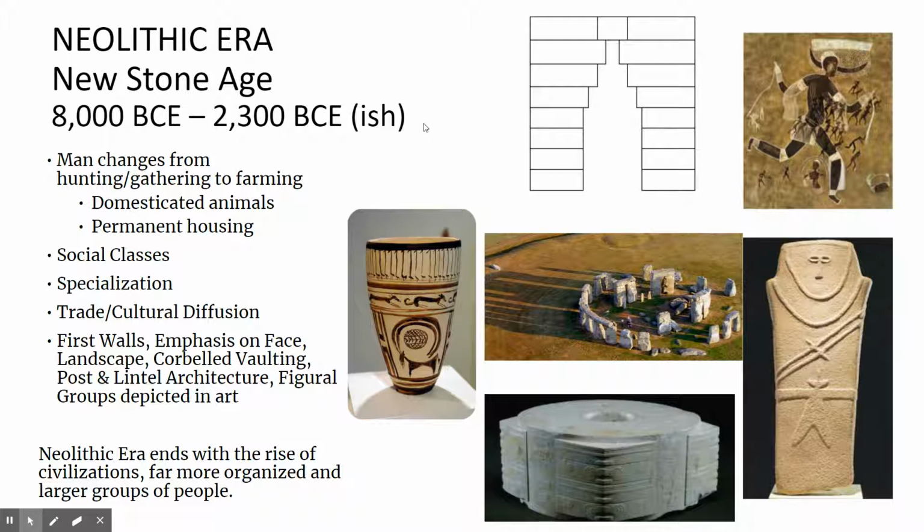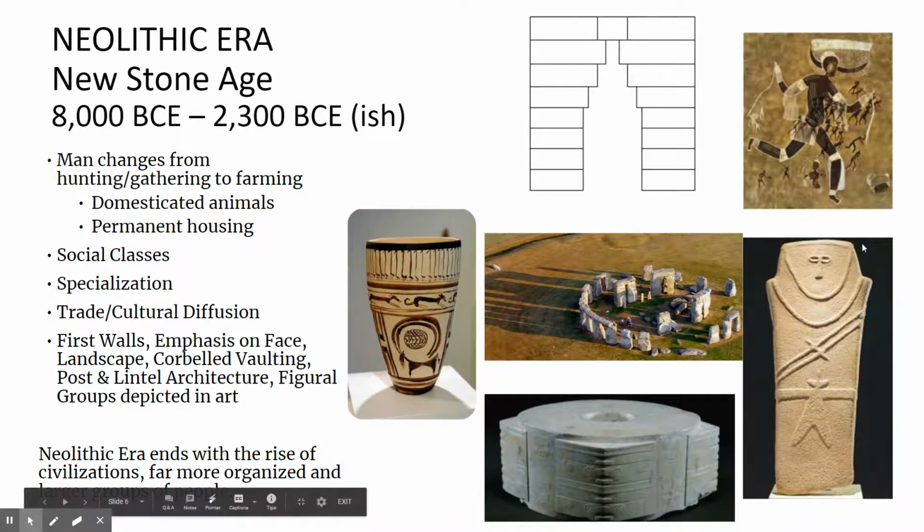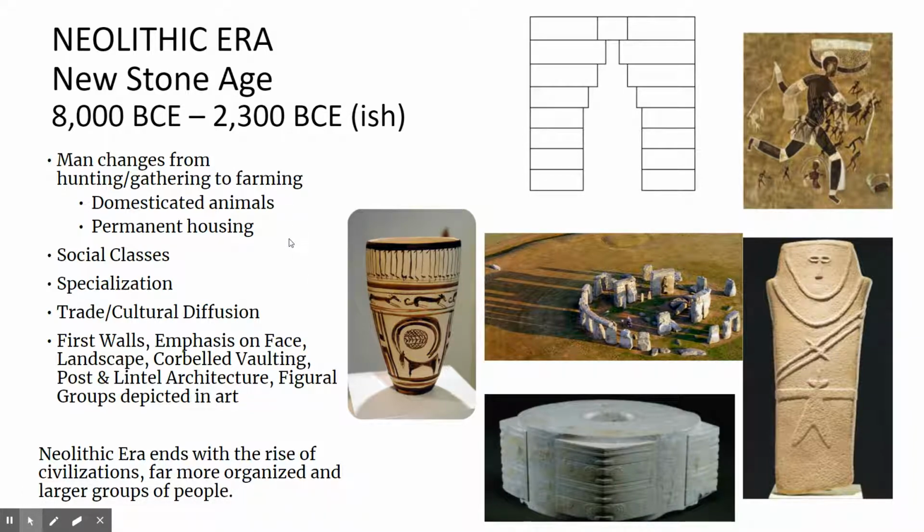And then we also get more emphasis on human figures, as well as, with respect to the human figures, emphasis on the face. Now, this is very abstract looking. This is one that you'll have to do for your homework tonight, but that's a good example of the emphasis on the face, even though it is abstracted.